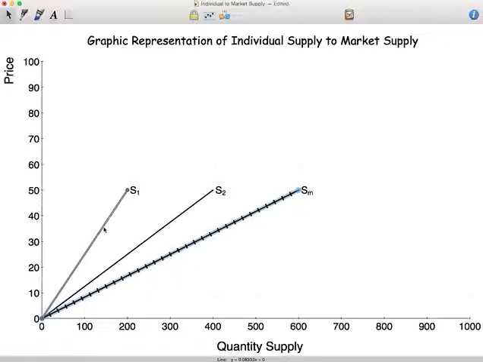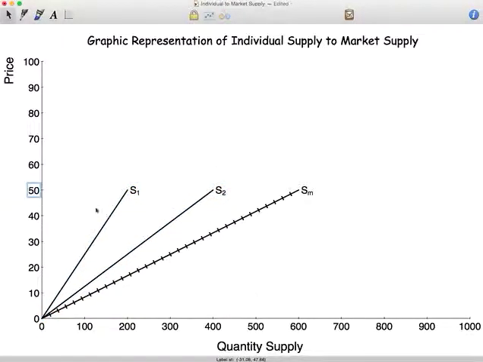We just added S1 and S2 together, and the way we got the points were, we can see here that they both intersect at the origin, so the market supply curve is going to start at the origin. And then we just pick a price of 50, which is the extreme end for these two supply curves as I've drawn them.